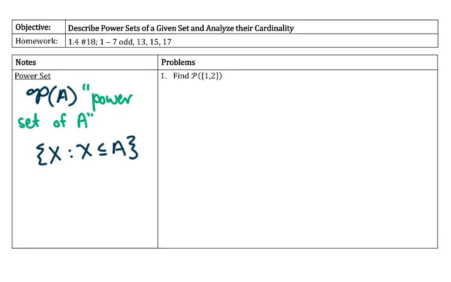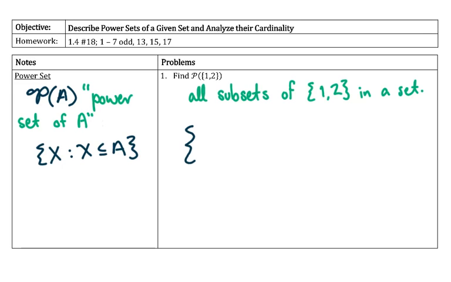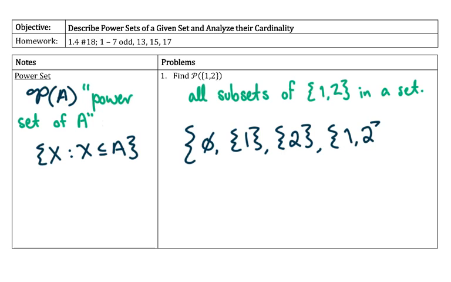So if it's asking to find the power set of {1, 2}, that's just asking for all the subsets of {1, 2}. We're going to start out similarly to when we're just listing all the subsets. We're going to say the null set, since that's a subset of any set, and then the one-element subsets, so the set containing 1, the set containing 2, and then the set containing 1 and 2 together. So this would be the power set.